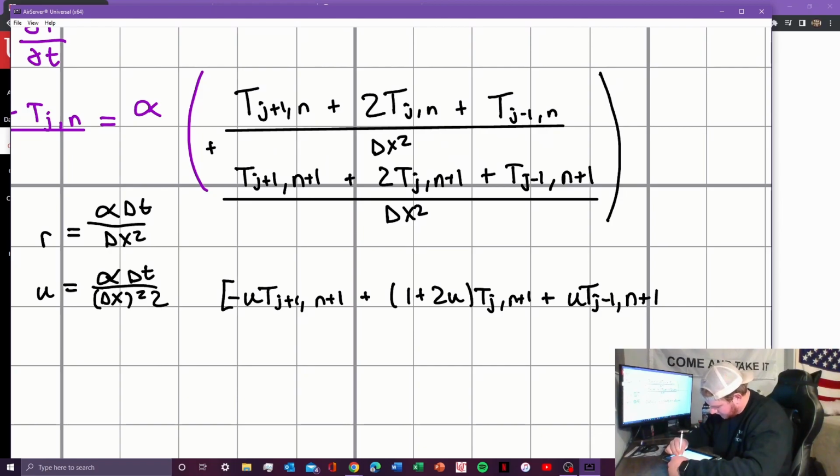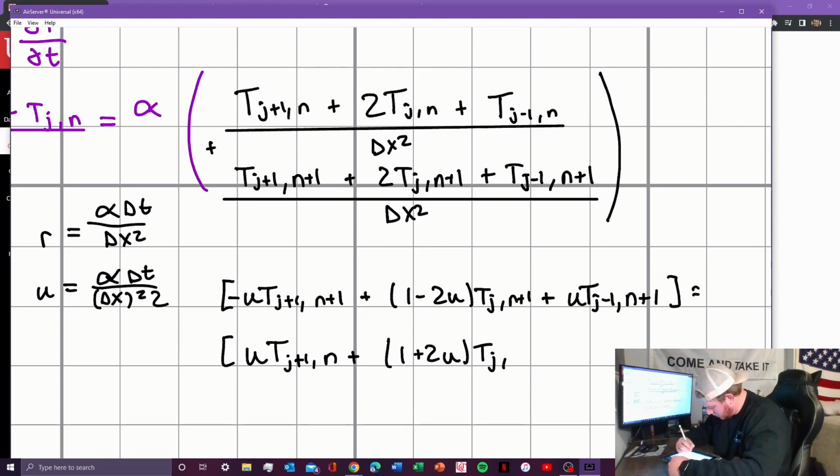I think these are negatives actually. It could be incorrect, but I'm pretty sure these are negatives. Equal to u T(j+1, n) plus 1 minus 2u T(j, n) plus u T(j-1, n).